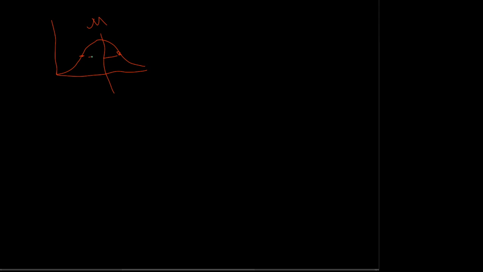These inflection points are symmetric, the same distance about the mean. This shows me a mean of wherever the x value is here. In this case, I'm going to say 3.5, and a standard deviation of 1.5. So that means this inflection point is at 5, because it's 1.5 away from the mean, and this one is at 2, because it's 1.5 away from the mean.